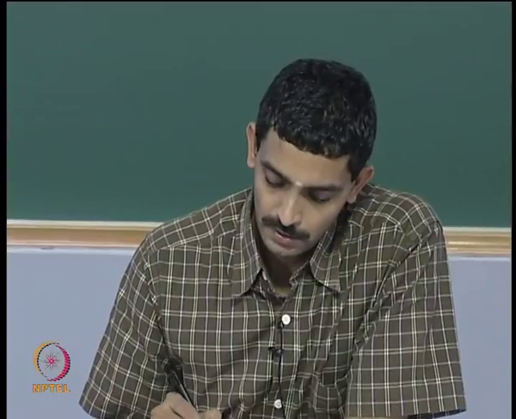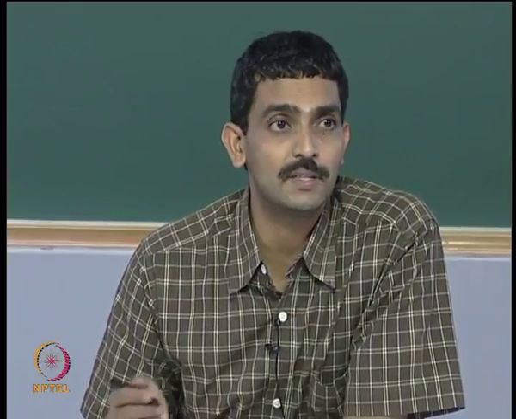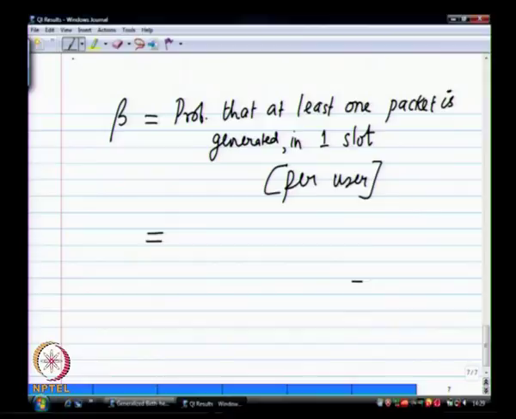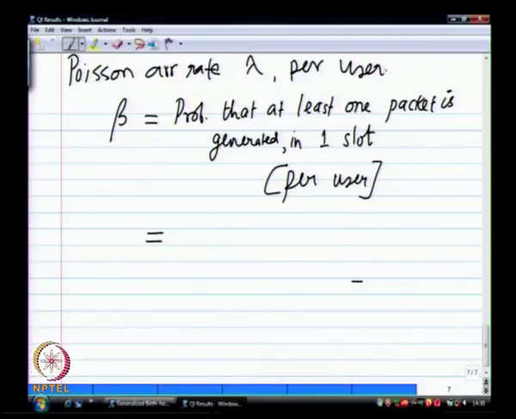So what is this going to be? Given that the arrivals are Poisson, I did not say that earlier, but I am saying it now, with Poisson arrival rate lambda, which I mentioned earlier. This is per user, not system wide.